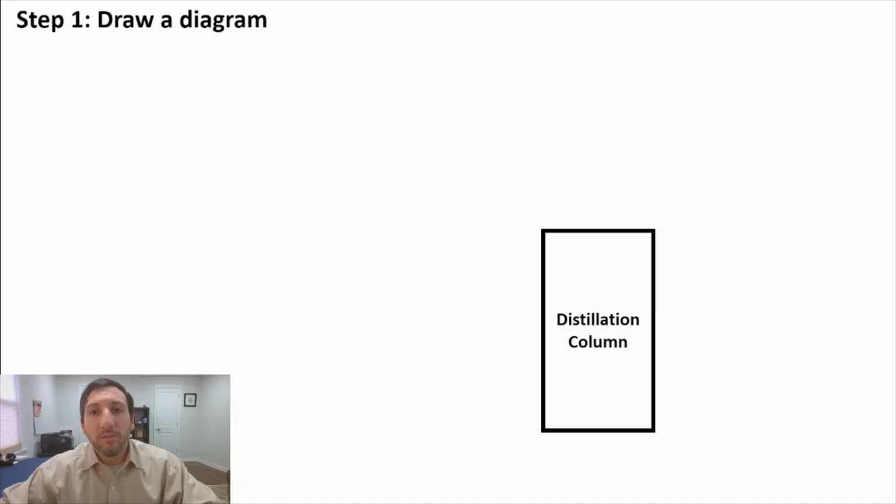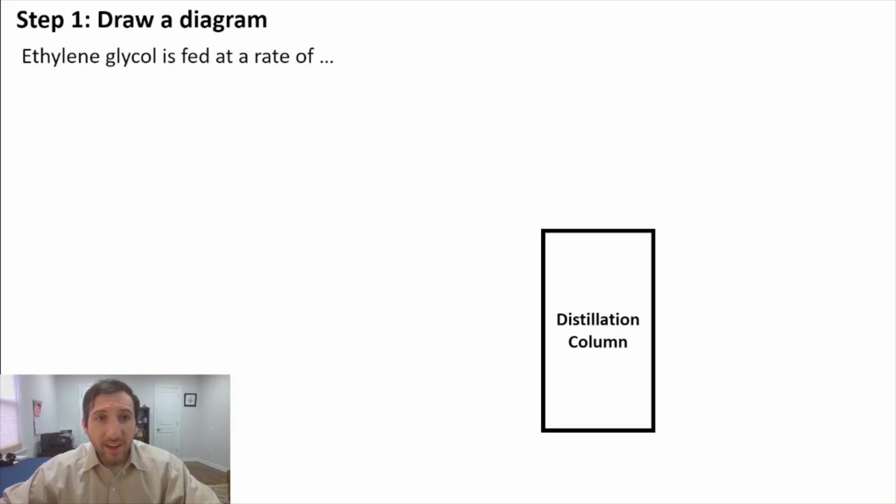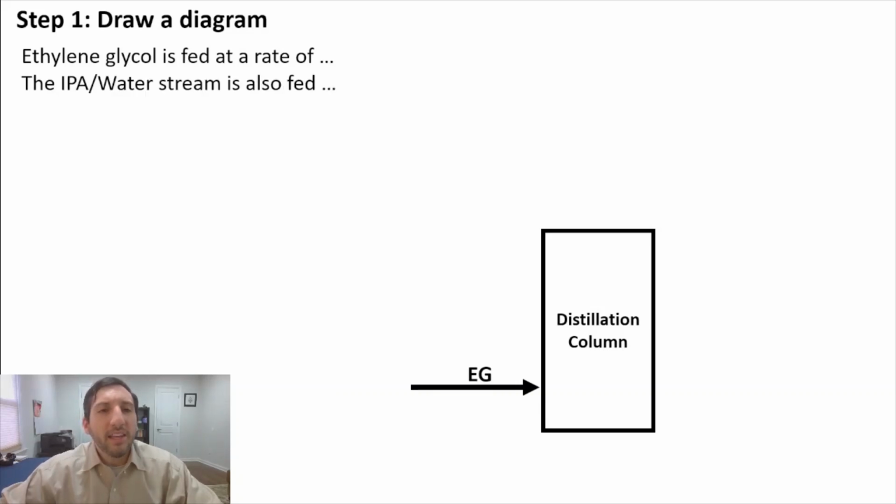So we've got ethylene glycol is fed at a rate of, and I don't need any numbers right now. I just need to know where my streams are, what's going in, what's coming out. So since I've got ethylene glycol coming in, we're going to draw an arrow going into my distillation column of ethylene glycol. The next thing we have is that the IPA water stream is also fed.